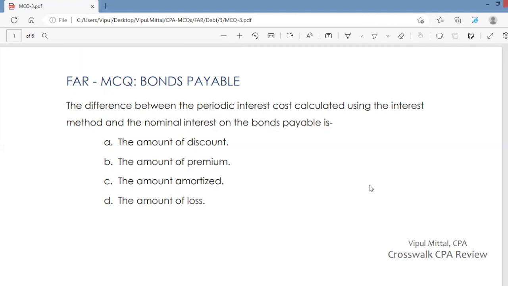So the question is asking, what is the difference between periodic interest cost and nominal interest?